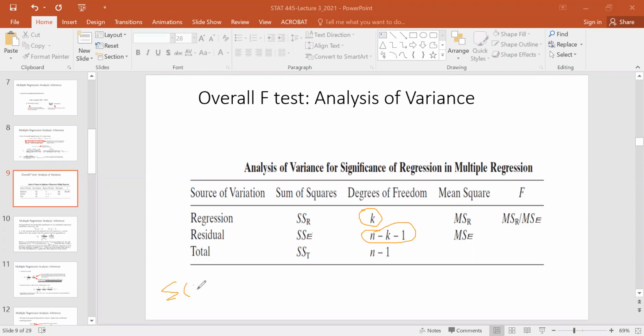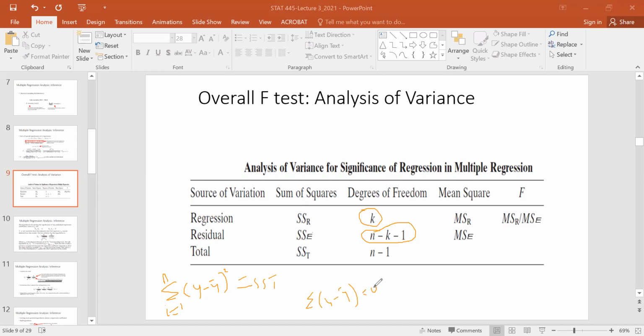It is argued that the SST begins like this, right? SST, I beg your pardon, begins like this, sum from i equals 1 to n. But there is a restriction on this, which says when you sum y minus y bar, it goes to 0 by itself.